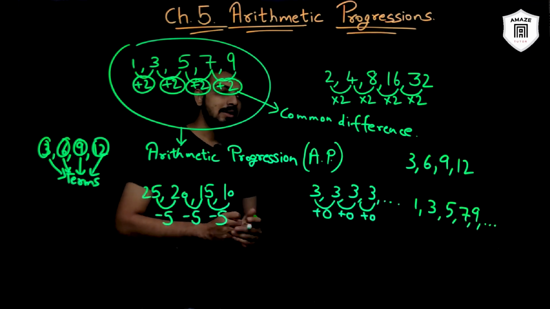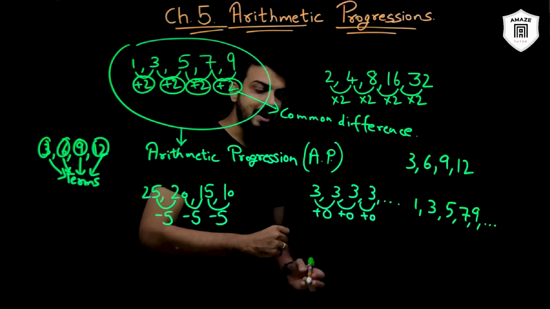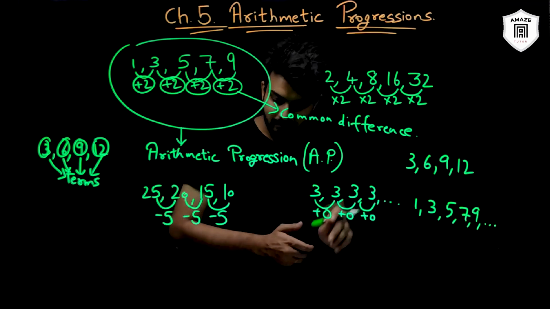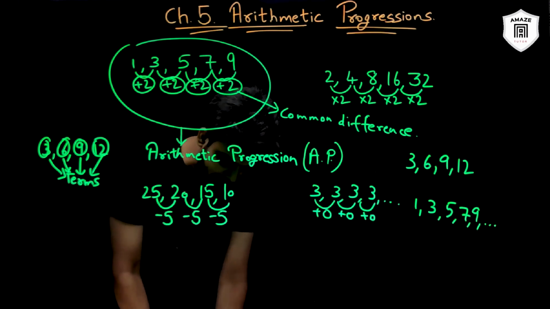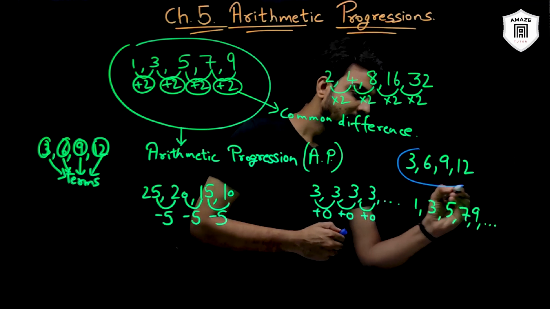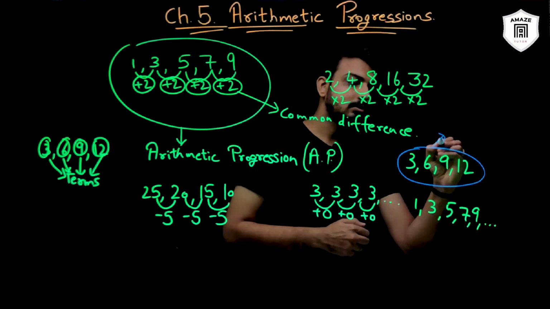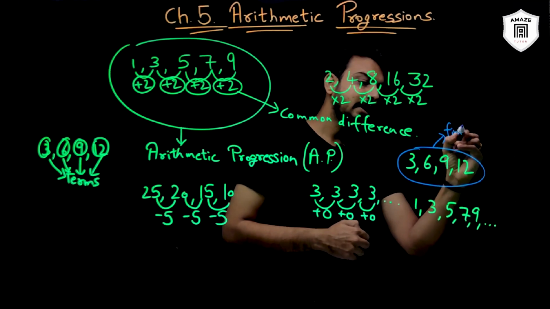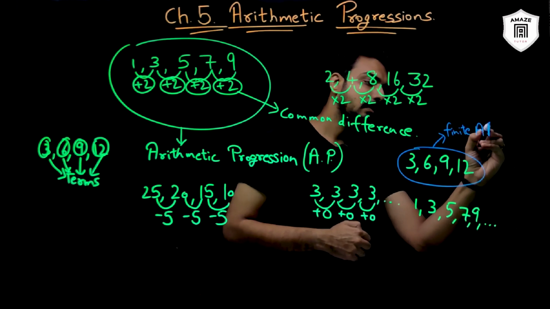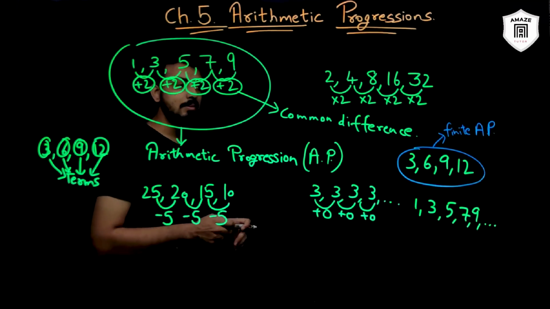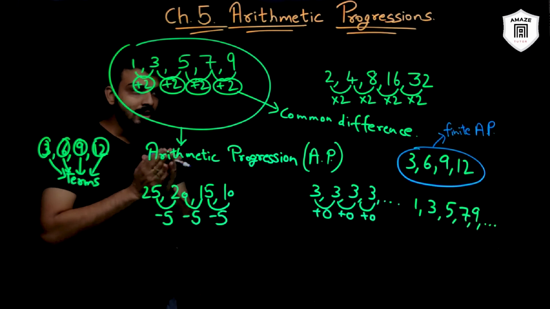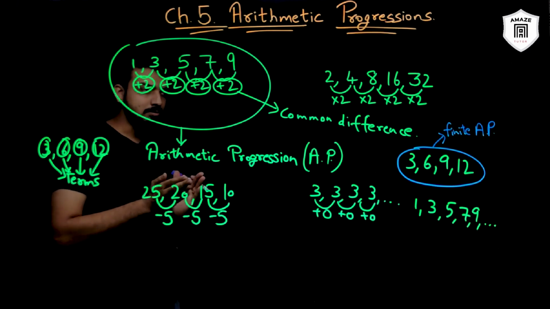So this type of AP is known as finite AP, a finite arithmetic progression, because you have a finite number of terms.